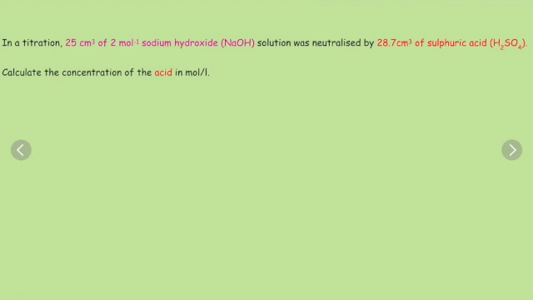Let's see another example. So this is telling us that sodium hydroxide, if you don't know the formula, then please do SVSDF, was neutralized with sulfuric acid, and they're kind enough there to give us the formula.